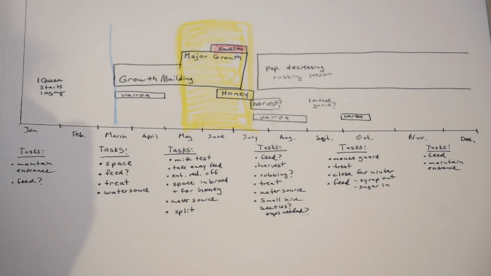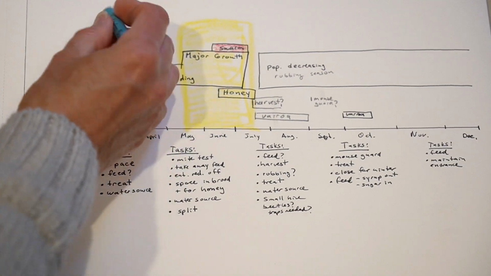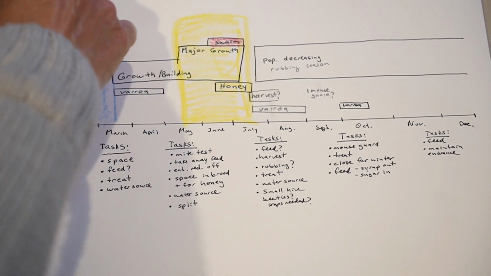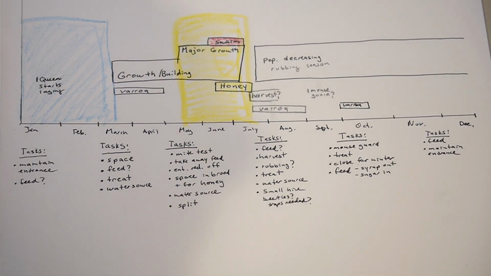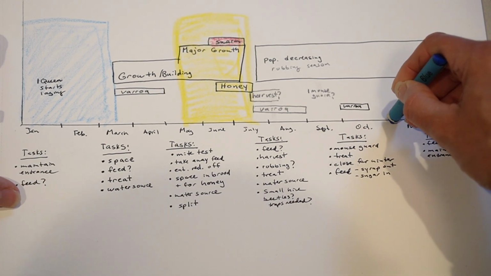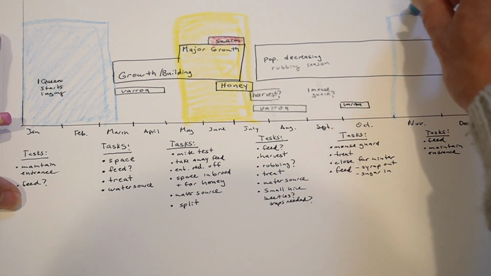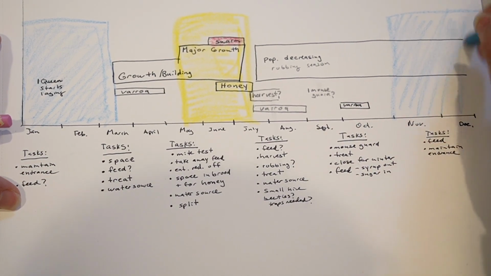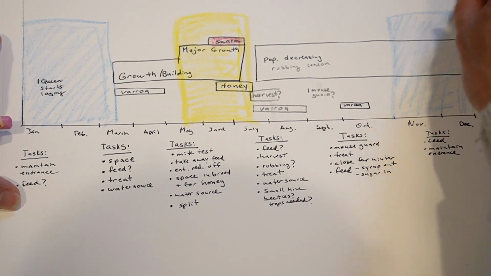This is going to be when the hive is too cold to open up. It would start when you close your hive up for the winter, and will start up again when your hive is starting to grow again, when you would be picking up your package of bees. So it ends right where the growth is and starts right when you would be closing your hive up for winter.